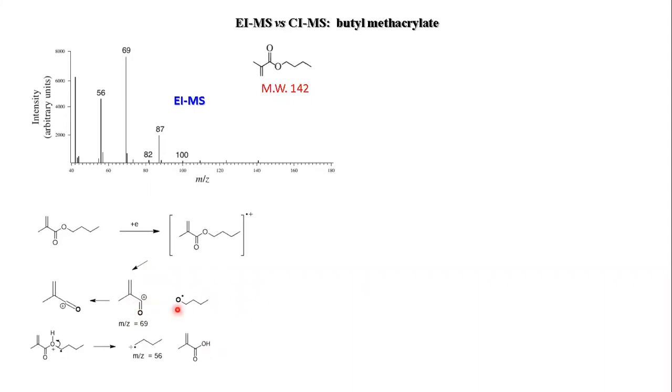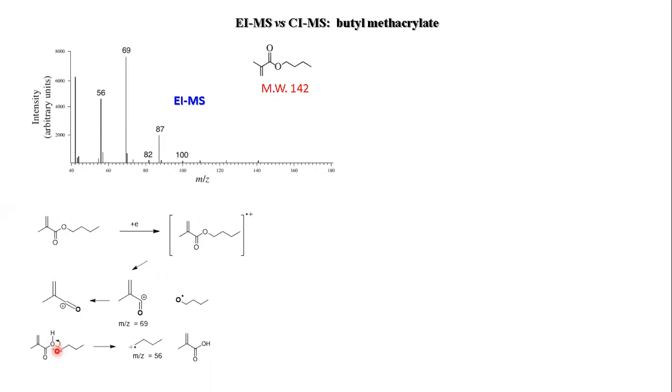Now the molecule can be fragmented in a different way, from here. You can imagine the electron is ejected from the lone pair of this oxygen, so you have a dot plus on oxygen.